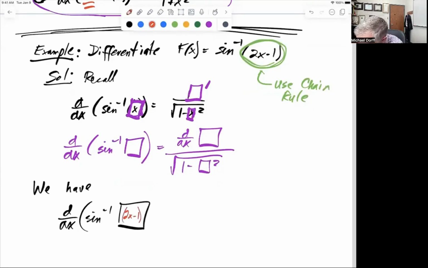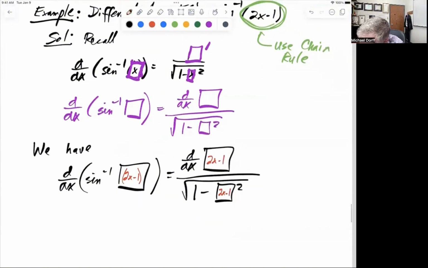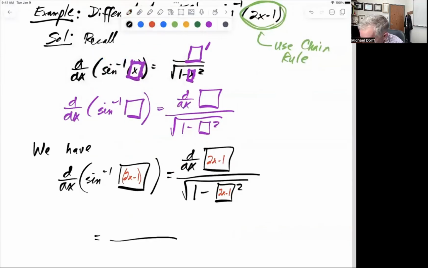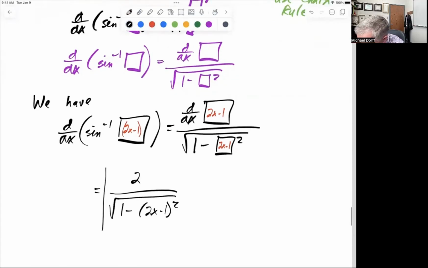So I get the derivative of that box over the square root of 1 minus box squared, and I put 2x minus 1 inside each box. When I compute this, on the top, the derivative of 2x minus 1 is 2. And in the bottom, I get the square root of 1 minus the quantity 2x minus 1, squared. All right, and that is my answer for this one.